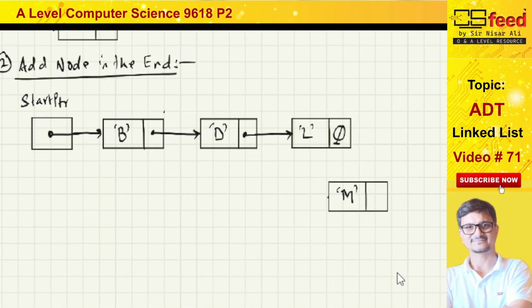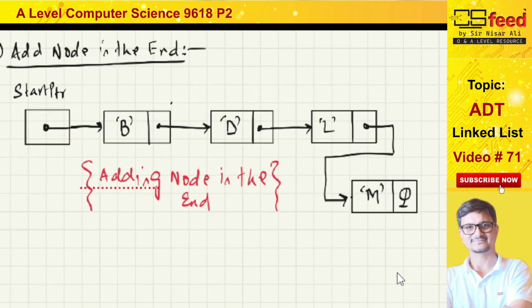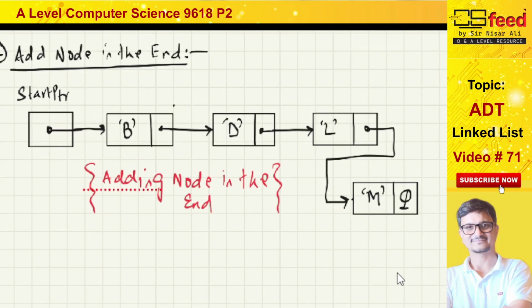M comes after L. So what steps will we follow? We first remove the null pointer of L, and then L will point to M, and then M is going to point to nothing. So it means the null will be inserted here. This is how we added the node in the end. I'm sure it is clear.